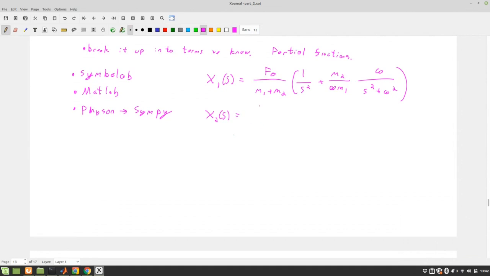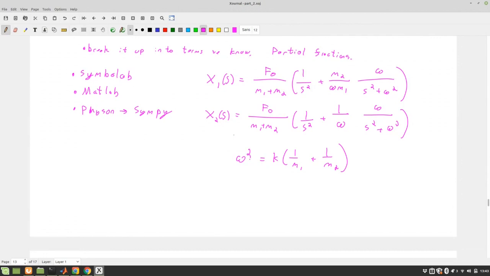X2 of s is equal to F naught over M1 plus M2 times 1 over s squared, plus 1 over omega times omega over s squared plus omega squared. To get this, you had to use a little bit of trickery, that omega squared is equal to K1 over M1 plus K1 over M2.